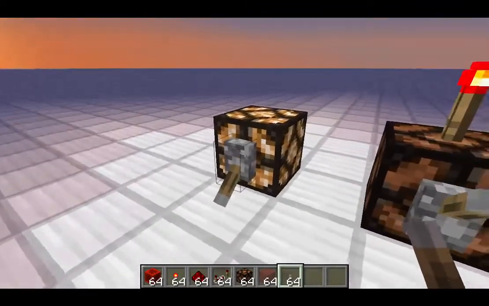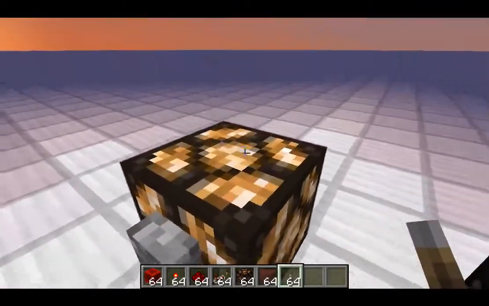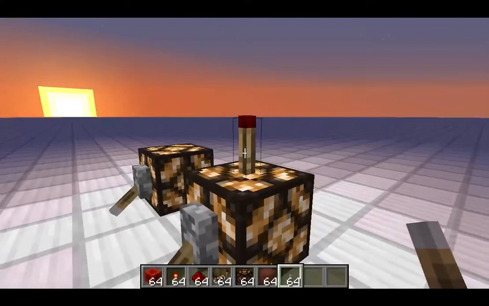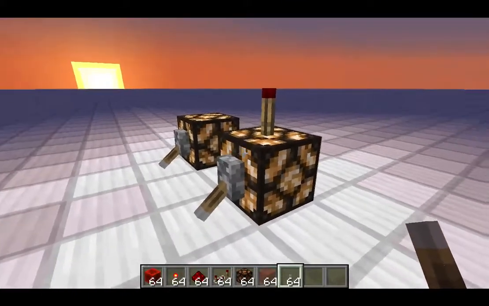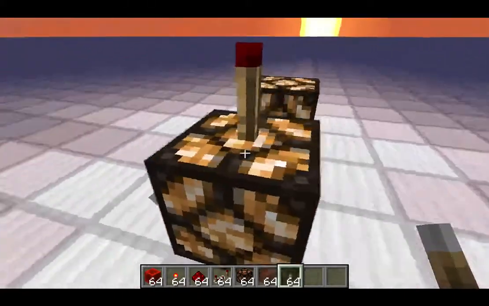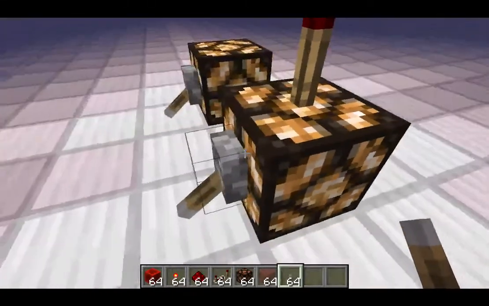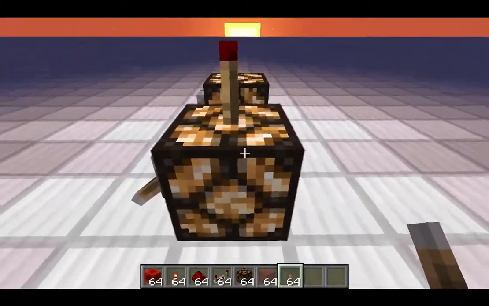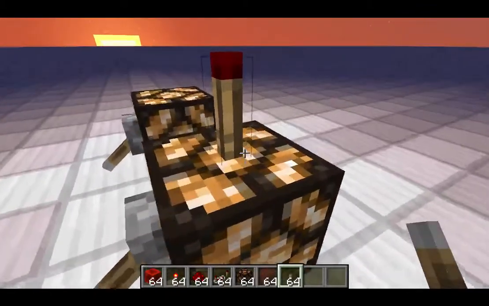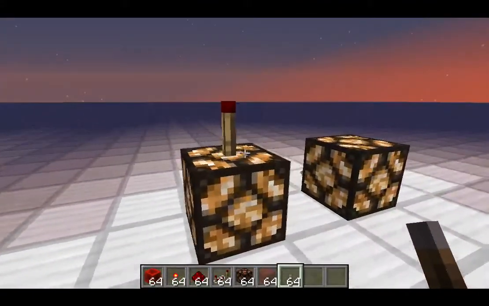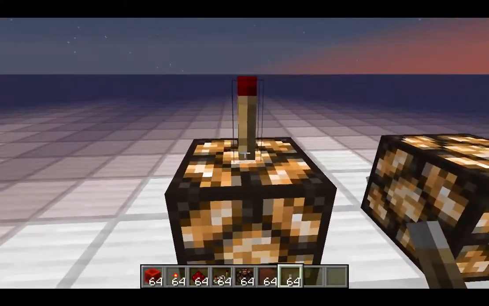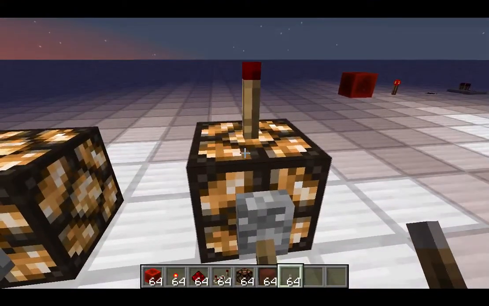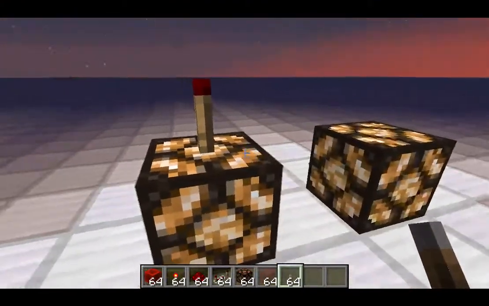So with this flipped down, we notice this lamp will come on. We can do the same thing over here, but now the torch has gone off. The reason this torch is off is because the block is currently being powered by the lever. And this redstone lamp is acting as a powered block, and the torch has an input on the bottom of the stick, so whatever block it attaches to, it will react to the activated state of that block.